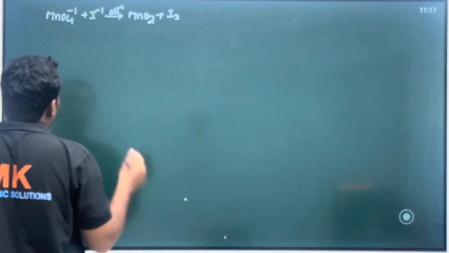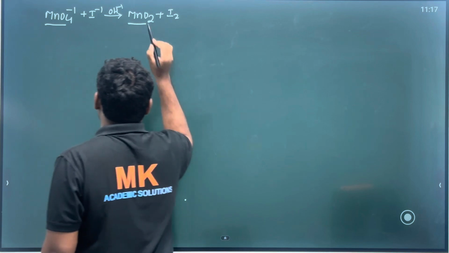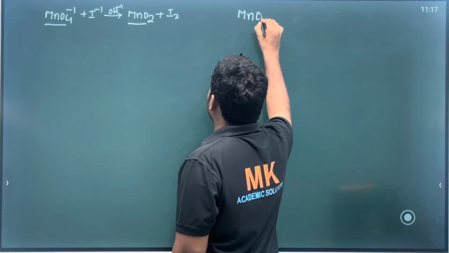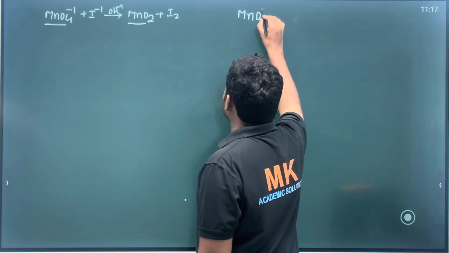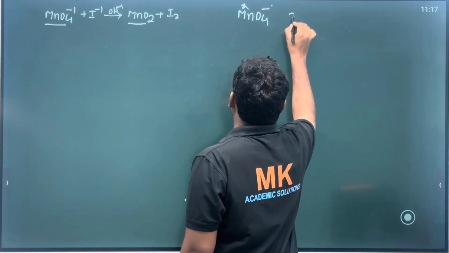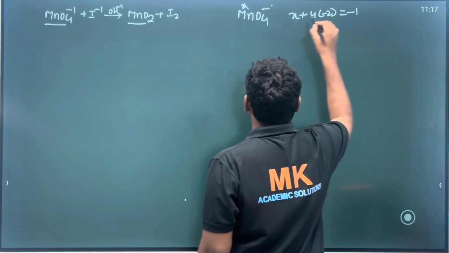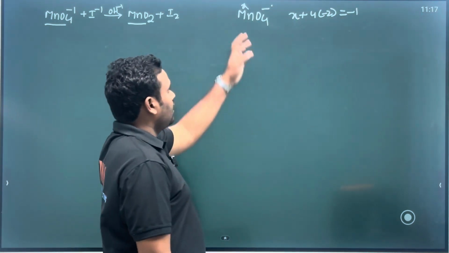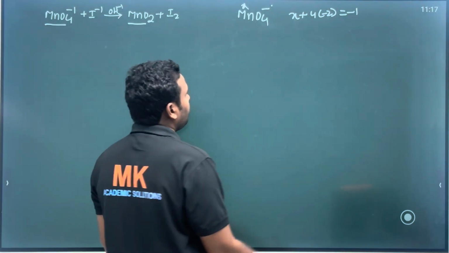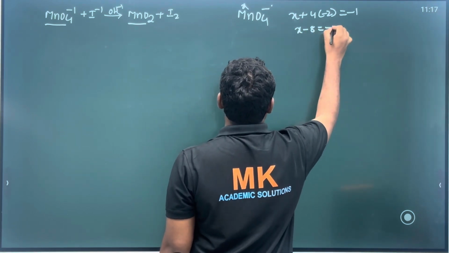First identify the oxidation numbers. Here MnO₄⁻ is given, and here MnO₂. In MnO₄⁻, what is the oxidation number of manganese? Consider it X. So X plus 4 into minus 2 is equal to minus 1, since the total molecule has a charge of minus 1.